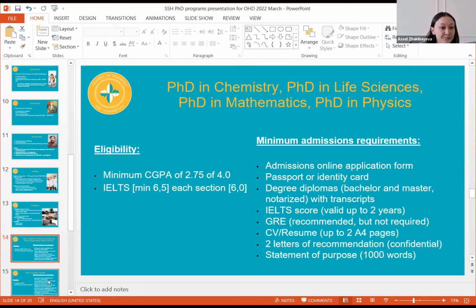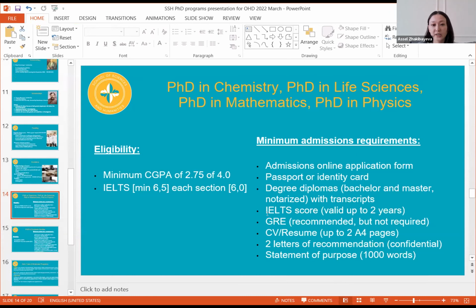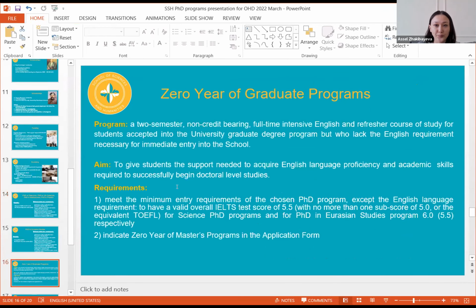Talking about the IELTS results, I should also note that for applicants who meet all the requirements but not the English level, the university offers a zero year of graduate program.